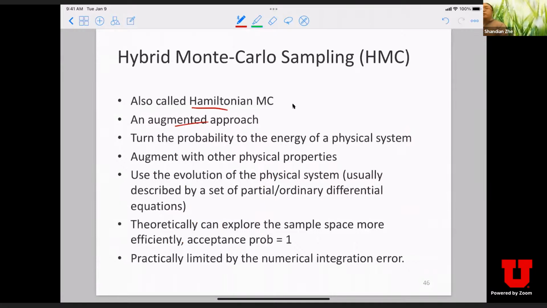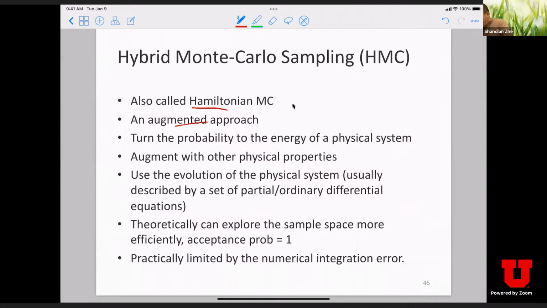The evolution of the system will give you a new proposal, and it also guarantees that this new proposal has a very large chance to be accepted. In fact, if your system is ideal and you're able to exactly compute the evolution of the system, your acceptance probability is always 1. We'll see it's not possible in practice. You always have some error.